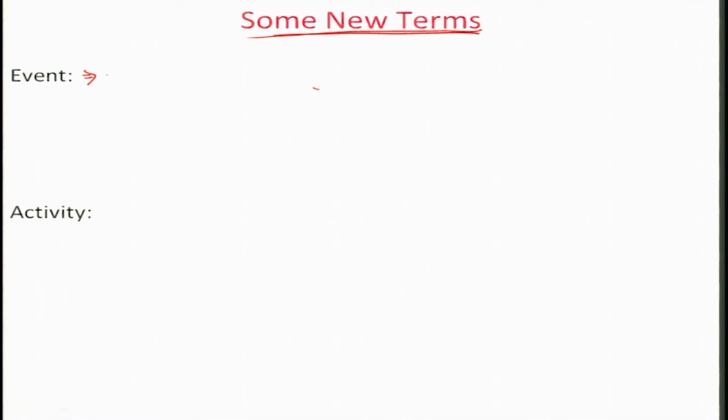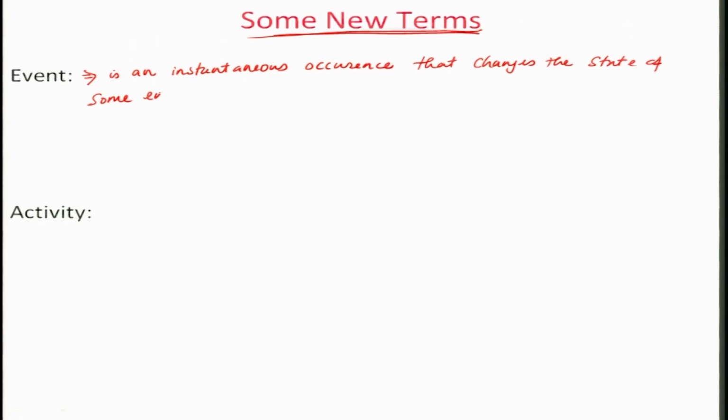An event is an instantaneous occurrence that changes the state of some entity or the system.